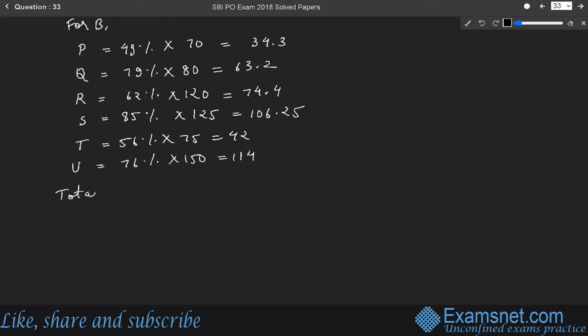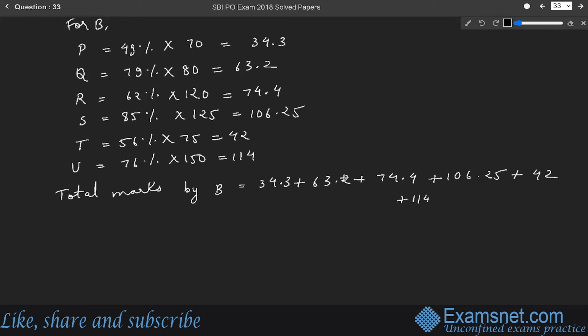Therefore, we can say that total marks obtained by B are 34.3 plus 63.2 plus 74.4 plus 106.25 plus 42 plus 114.